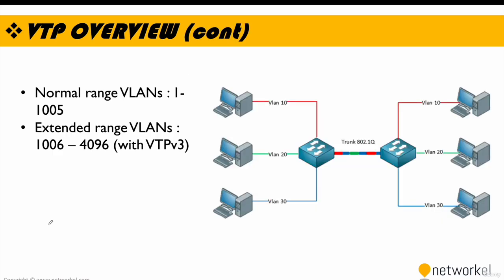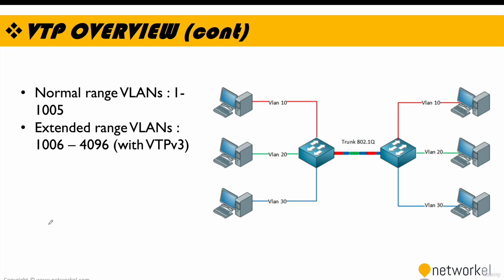Okay, so let's have a look. A VTP server is a mode in VLAN Trunking Protocol that allows a switch to create, modify, and delete VLANs within a VTP domain.